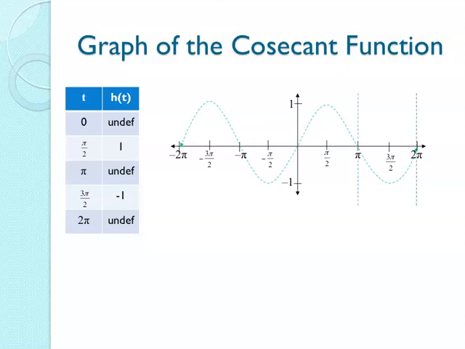The reason for this is because the cosecant function is the reciprocal of sine. So wherever the sine function hits 0, if you were to take the reciprocal of that, you'd end up with 0 in the denominator, which gives you undefined. So now we know that that's where all your vertical asymptotes will be for the cosecant function.